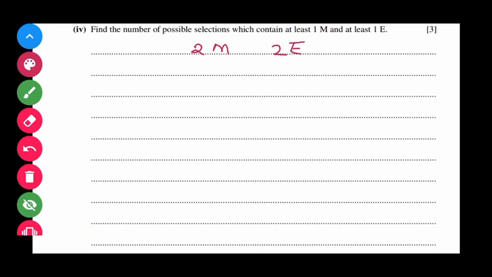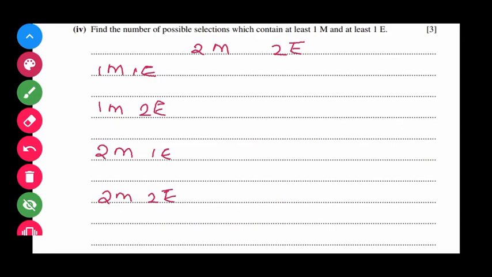So there should be minimum 1 M and minimum 1 E. Let's see what are the chances we can make. We can make a word with 1 M and 1 E, or a word with 1 M and 2 E's. Next, a word with 2 M's and 1 E, or 2 M's and 2 E's.